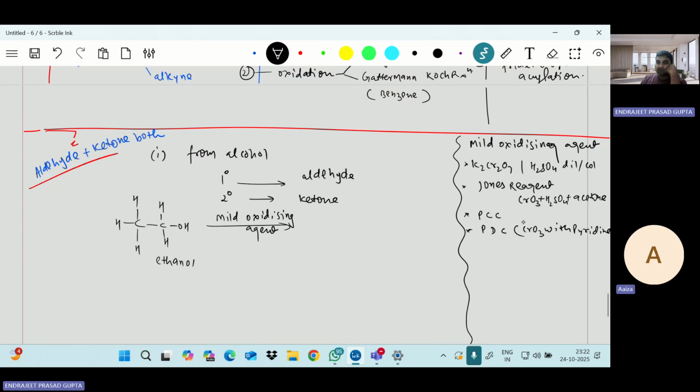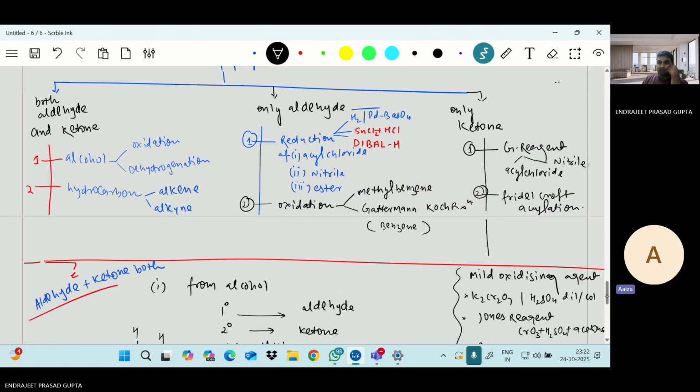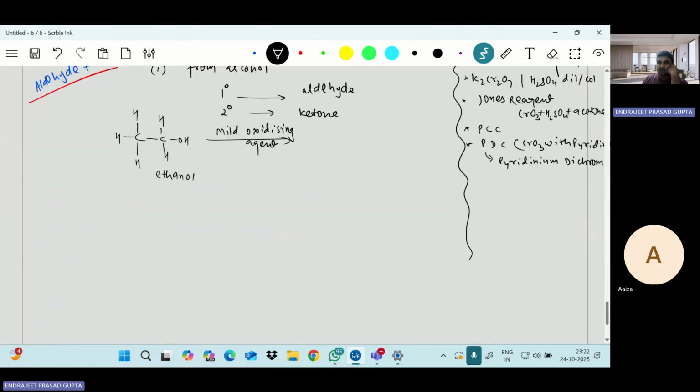PDC's full name is pyridinium dichromate, and PCC is pyridinium fluorochromate.